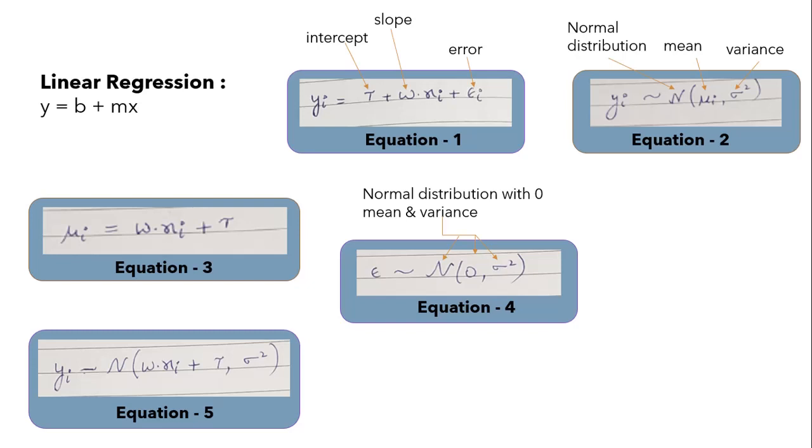Therefore, our choice of a normal distribution to represent the random variable yi is not an arbitrary decision. It is chosen such that we can represent the relationship between the dependent variable yi and the independent variable xi with the effect of the error term ei using the properties of the normal distribution.